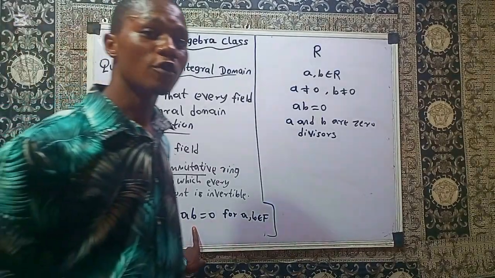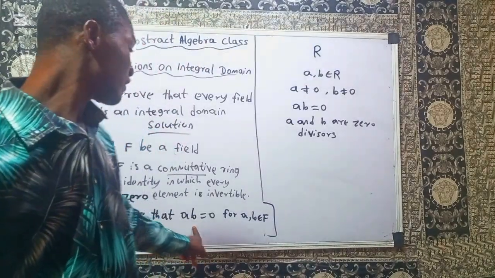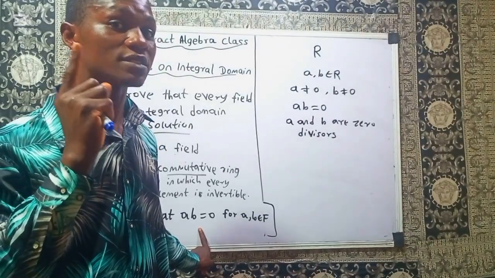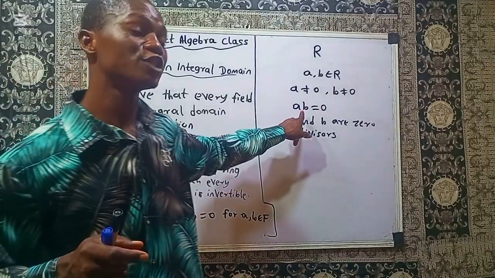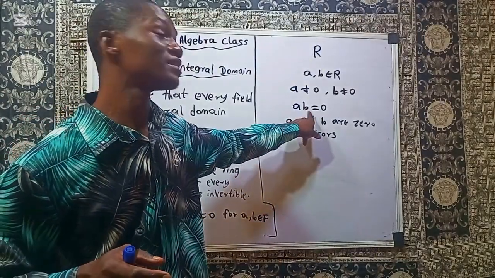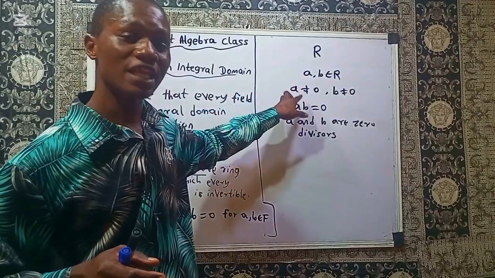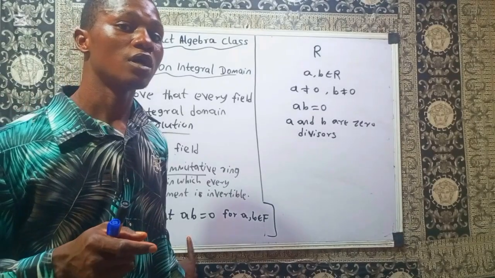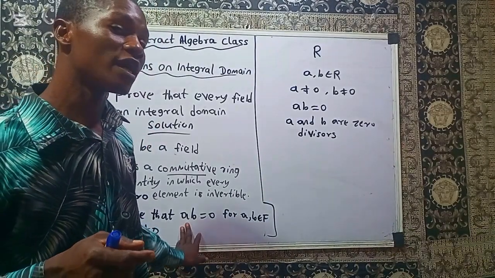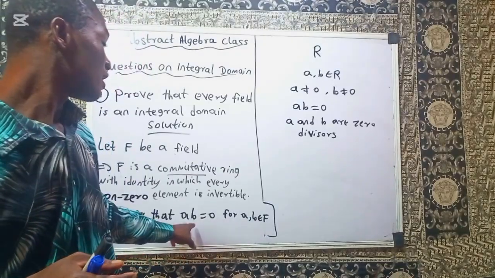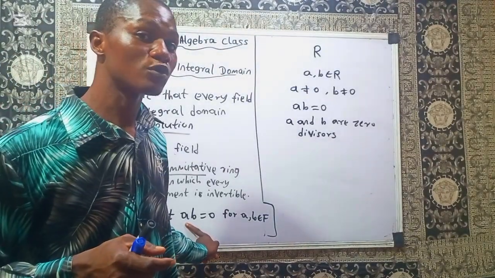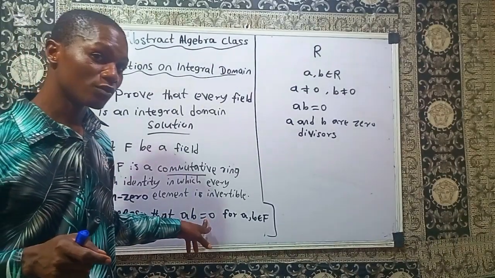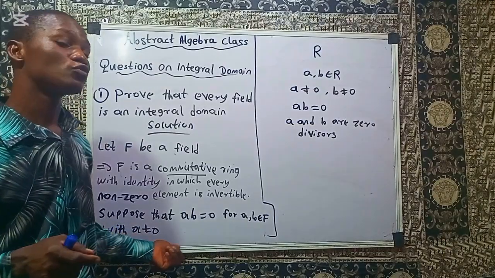For a field to have no zero divisors, if the product of two elements is 0, then one of the elements should be 0. By the definition of zero divisors, if the product is 0 and both elements are non-zero, they are zero divisors. So we suppose a times b is 0, with a not equal to 0.